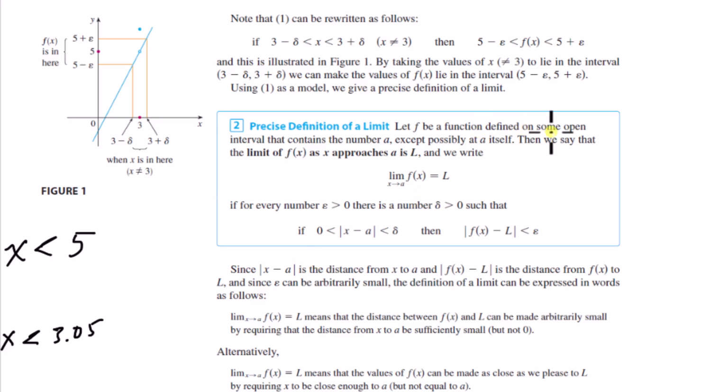And so because of this open interval around A, part of the definition of the limit, what that means is that if you were trying to prove a limit to someone, you have the ability to actually put an upper restriction on delta if you want. For the case of the opening example we did, with the line 2x minus 1, it doesn't matter if you think about it.